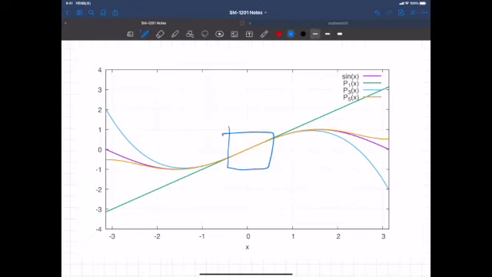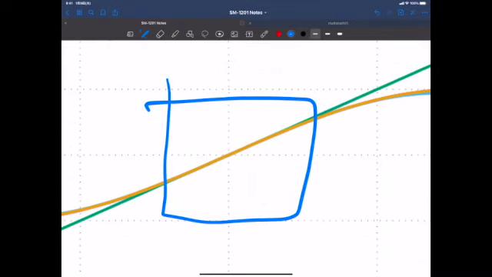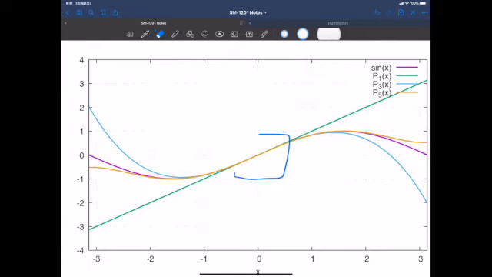If we expand this here, it's almost like a straight line. But the difference between the approximation and the real value becomes very large as we go away from 0. The difference between here and here is becoming larger and larger.